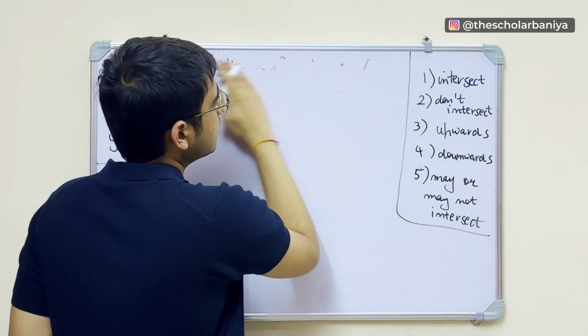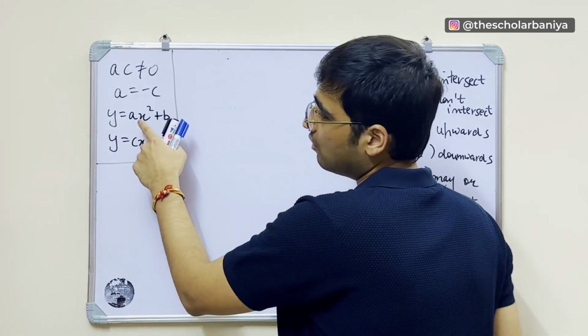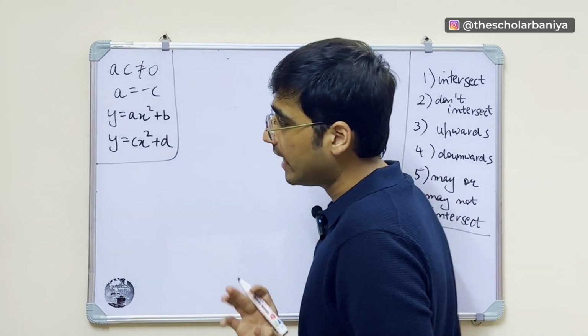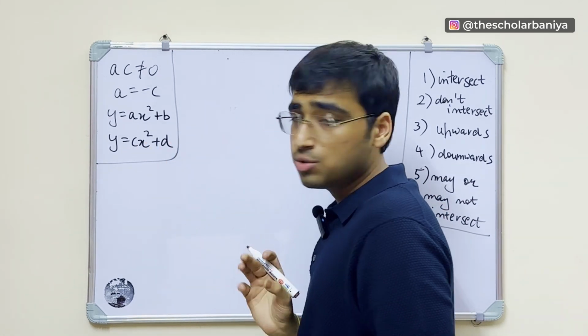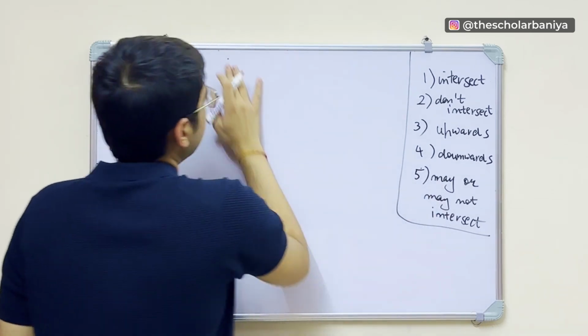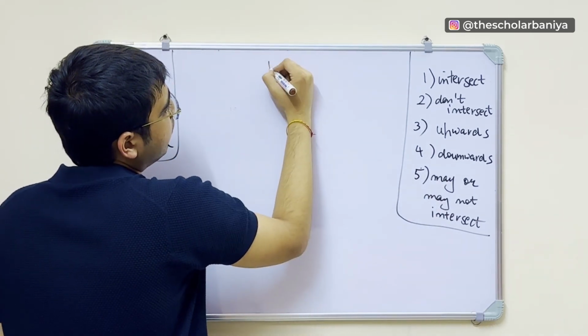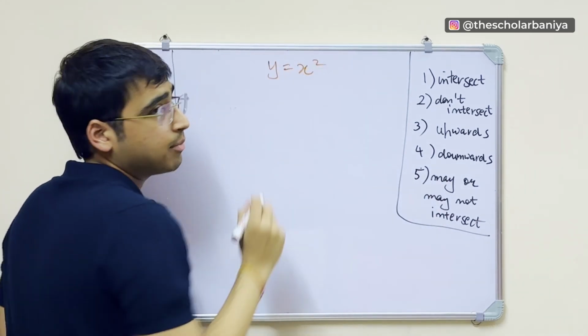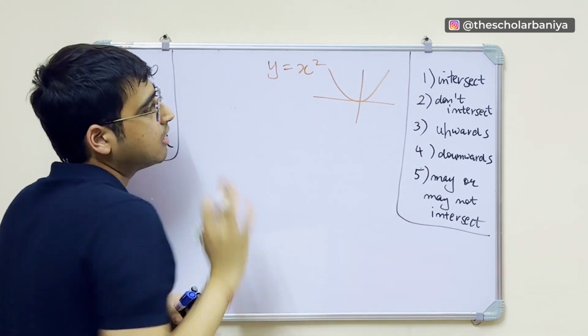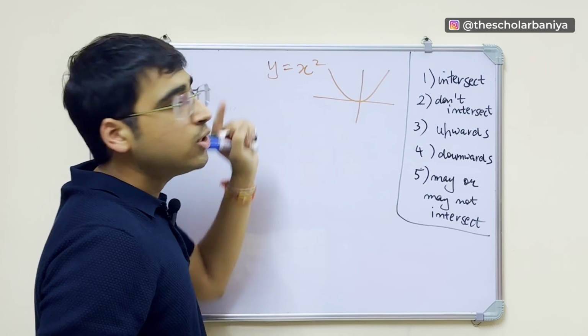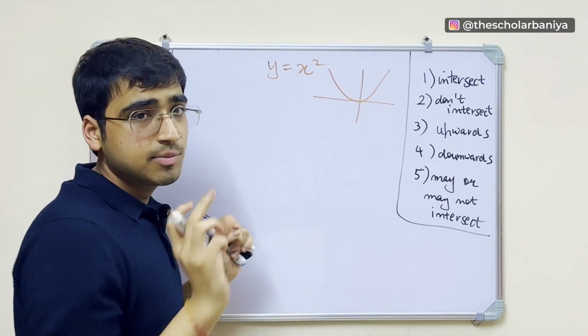So now in the question we are given that one parabola is y equals ax square plus b and the other parabola is y equals cx square plus d. One more thing: if y equals x square is a parabola, then this parabola will be facing upwards because this is 1 into x square, and 1 is positive.